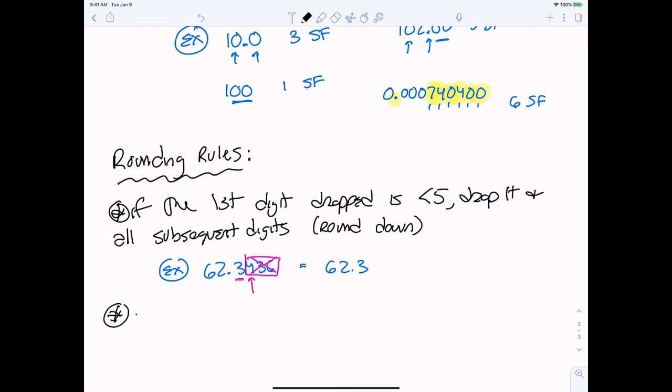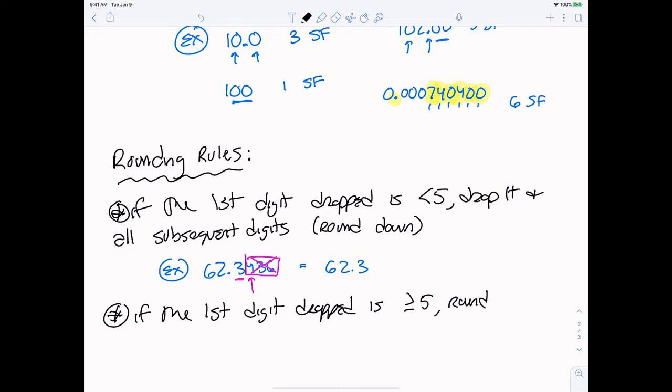Second rule, and there are only 2: if the first digit dropped is greater than or equal to 5, round up by increasing the last remaining digit by 1.